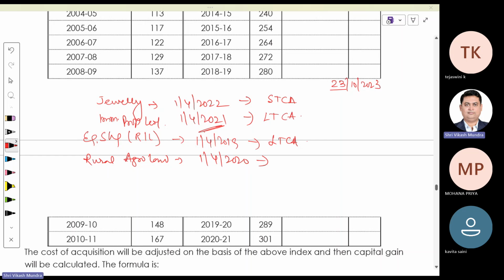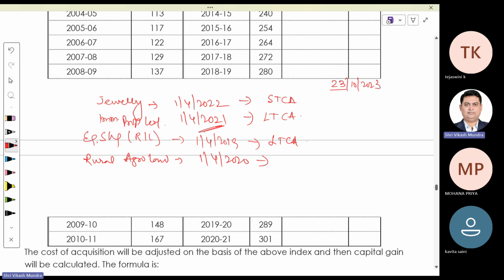Dear student, don't jump into conclusions so quickly. Rural agricultural land located in India is not considered as a capital asset. This is in the negative list. Since this is not a capital asset, why should we discriminate whether it is long term or short term?